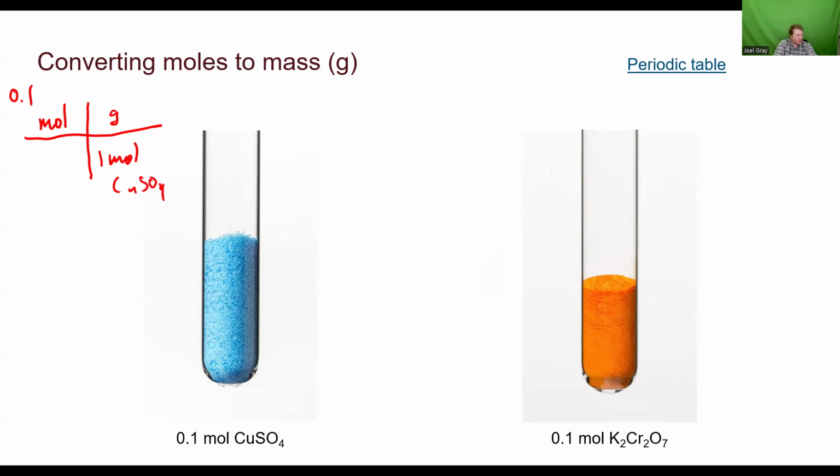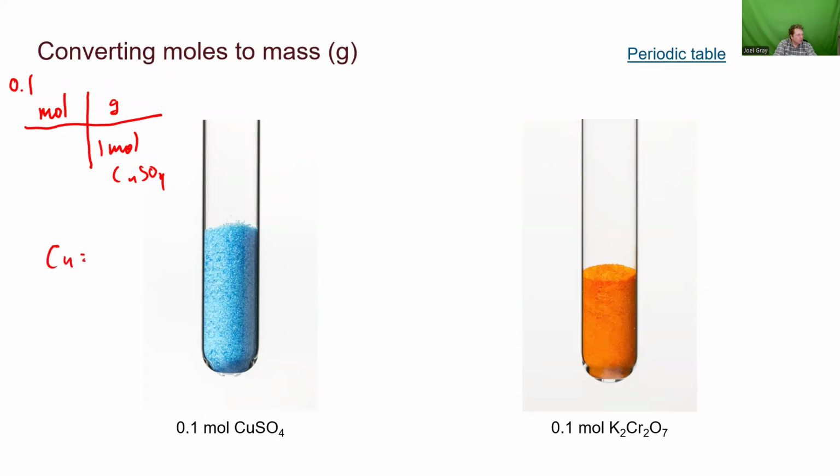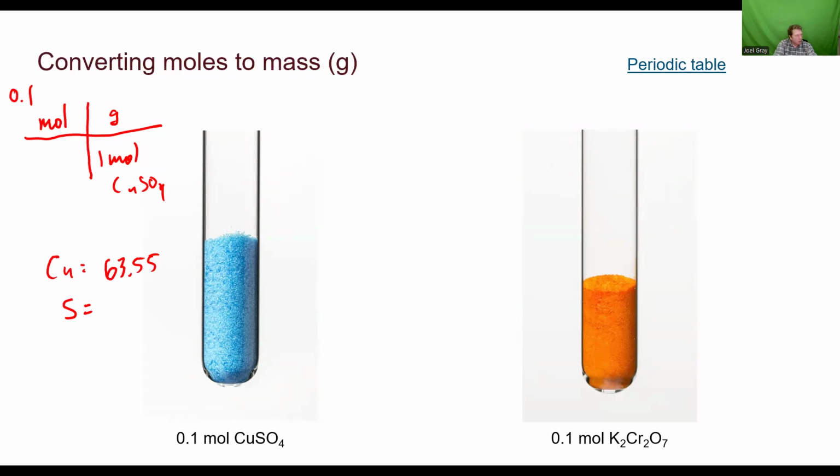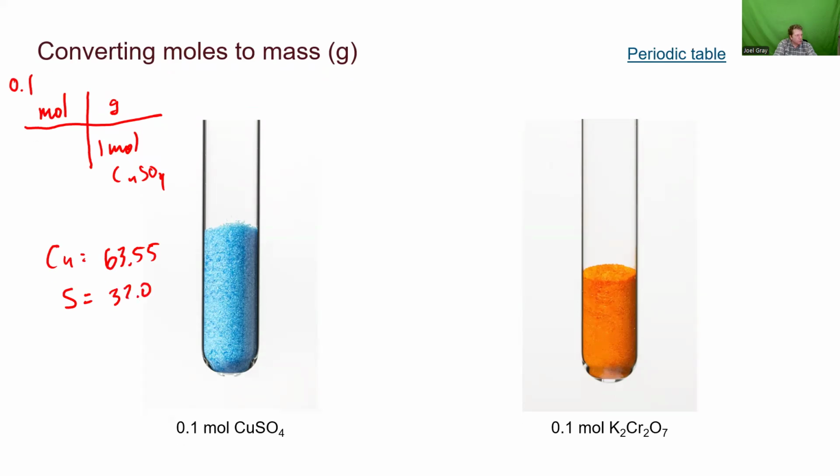Cu is 63.55. S is 32.06. O is 16, but there's 4 of them. So O, I'm going to say 4 times that is 64.